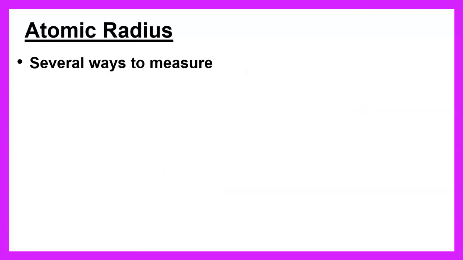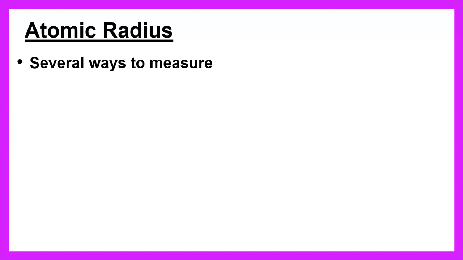Now, just a couple of things I'd like to point out about the radius before we start talking about the reasoning behind the patterns we see, is that there's lots of ways to measure the atomic radius. If you remember, orbitals are not tangible objects, so we cannot easily measure to the outside edge of an atom because it doesn't really have a tangible edge to measure to.